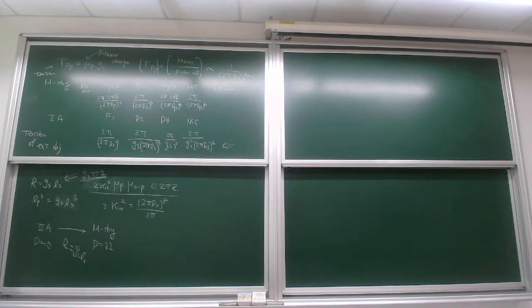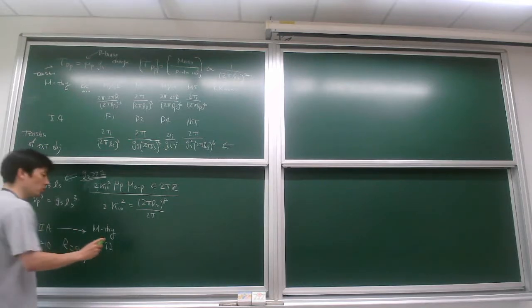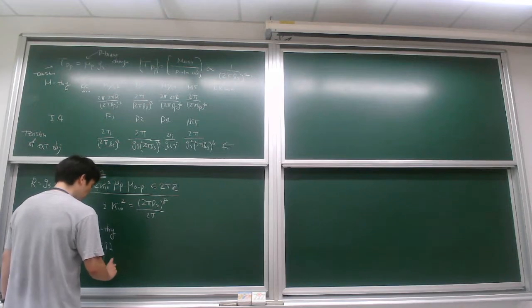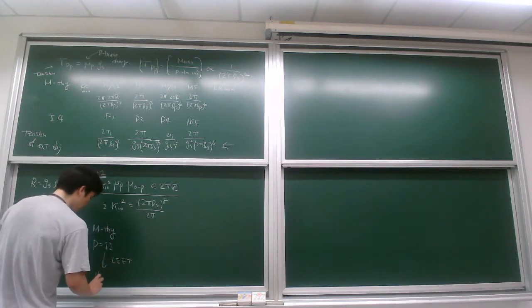Some magical property will show up. So the low energy effective action of this theory is 11D supergravity.